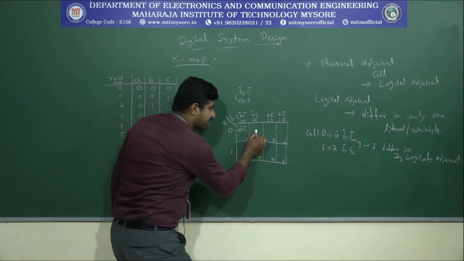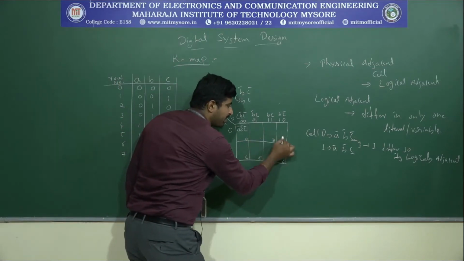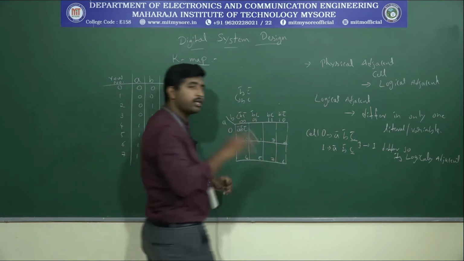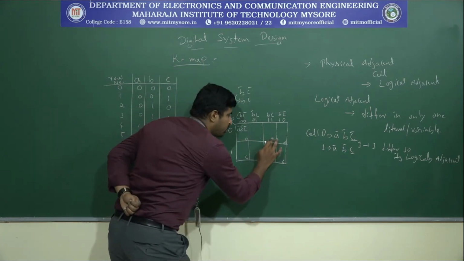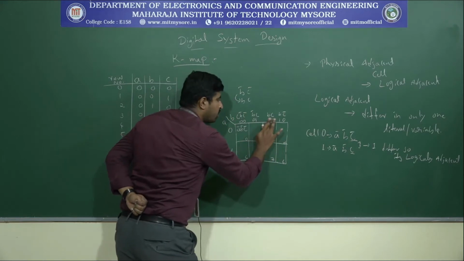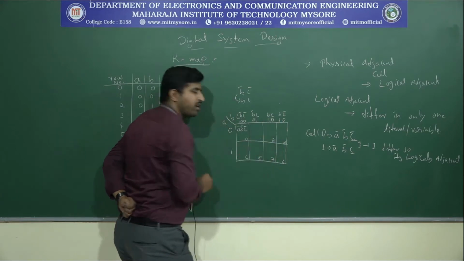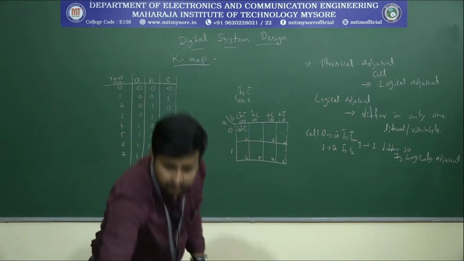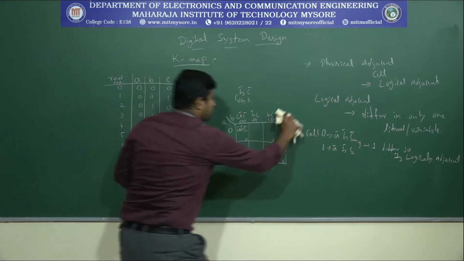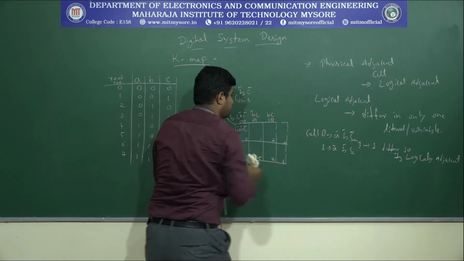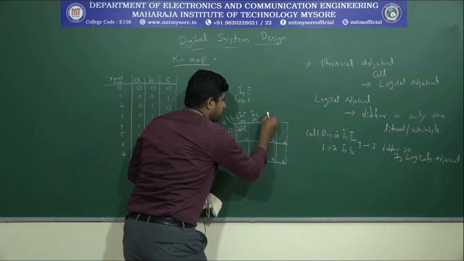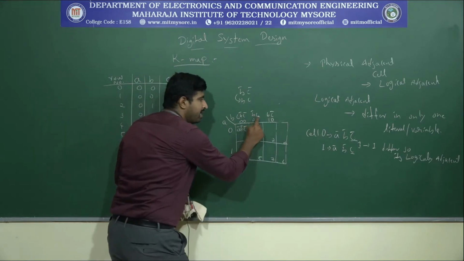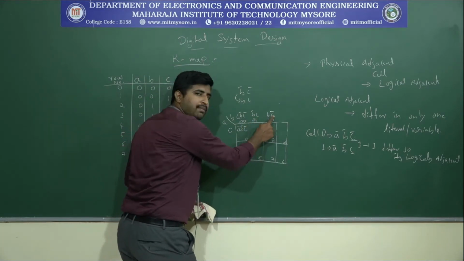Okay. Next, for cell 1, the adjacent should be 2, assuming you write normally. Instead of writing 3 here, if you write 2, what will 2 be? 2 means 1 0. If you write 1 0, this corresponds to B C bar. Here B bar C is there and here B C bar is there.